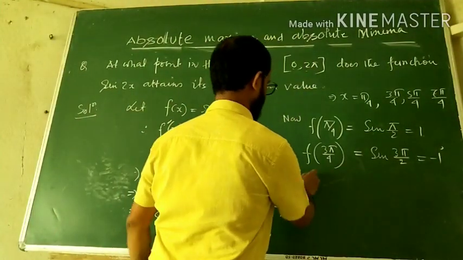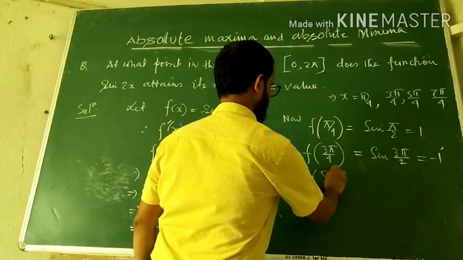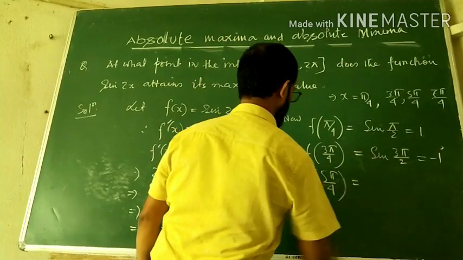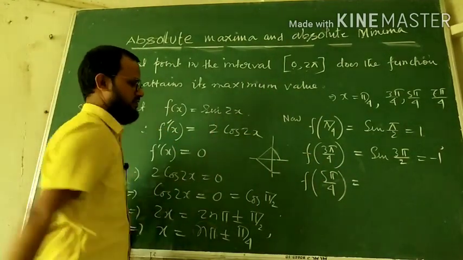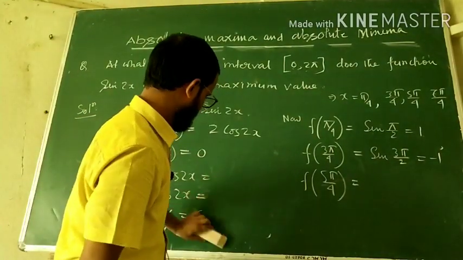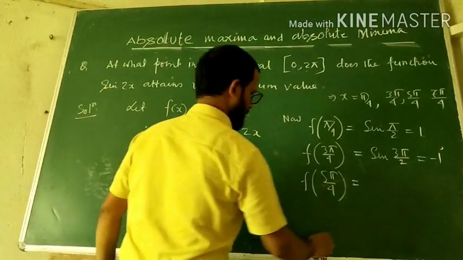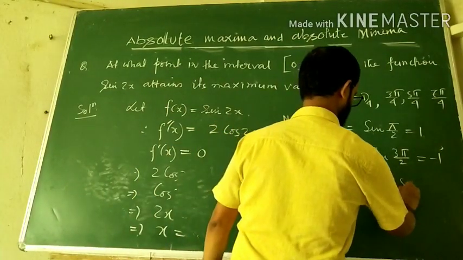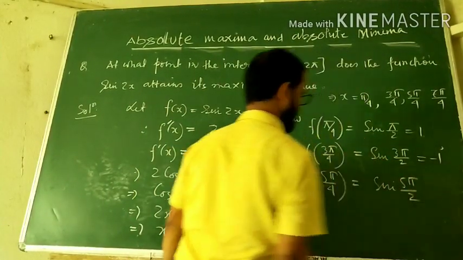Then f of 5 pi by 4. If we put it, it will be sin 5 pi by 2.